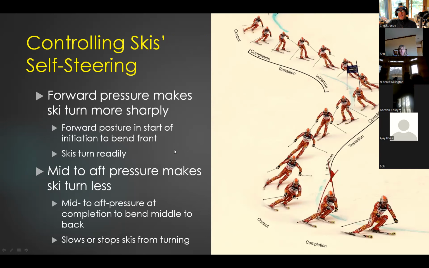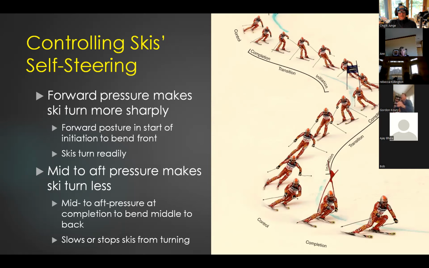How we move back and forth affects, again, what we talked about last week, where the ski bends in relationship to the snow. So if we apply forward pressure to the ski turn, obviously the ski is going to bend more in the front and the ski is going to turn more quickly.